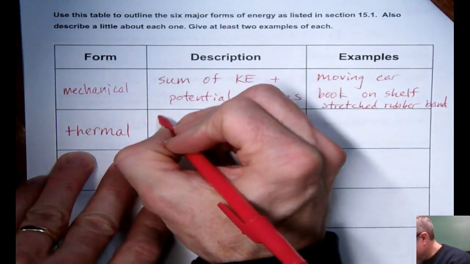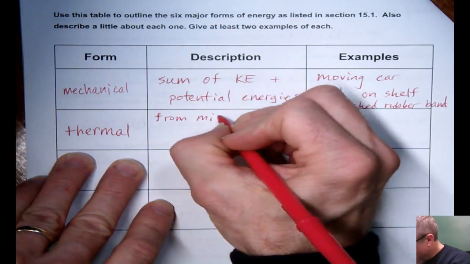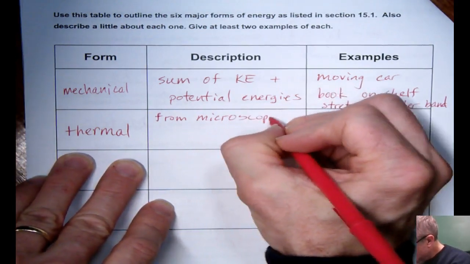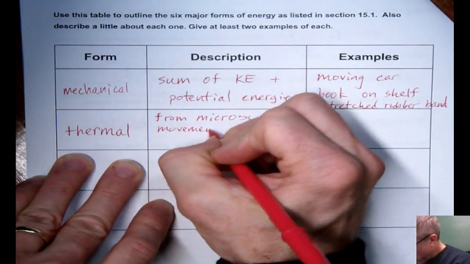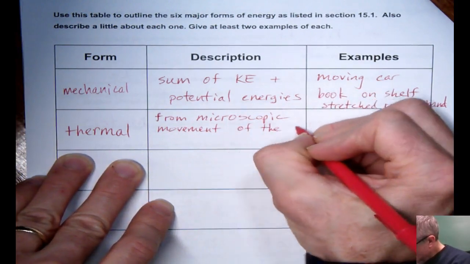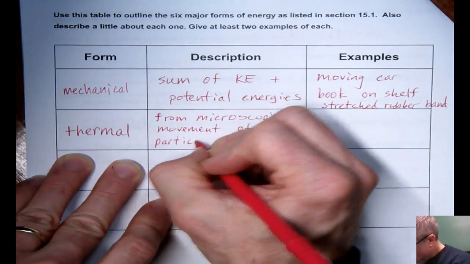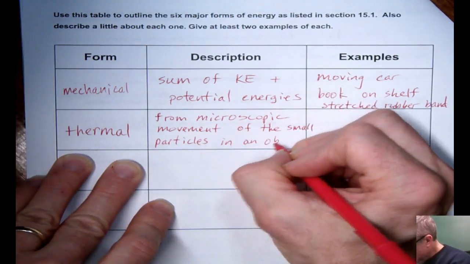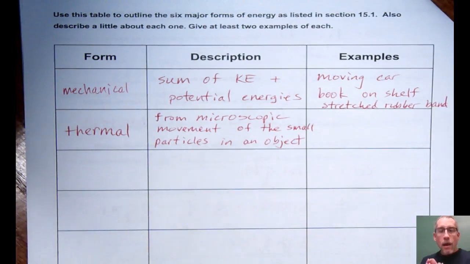It's associated with the microscopic vibrations or movements of the small particles in an object or in something. So even though you can't see them, every particle is always in motion.